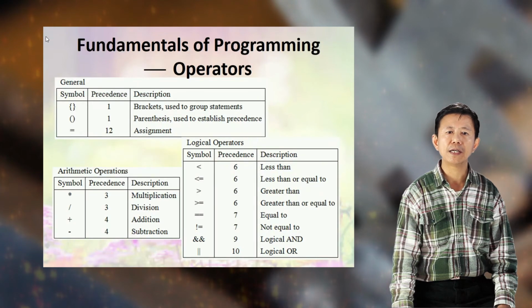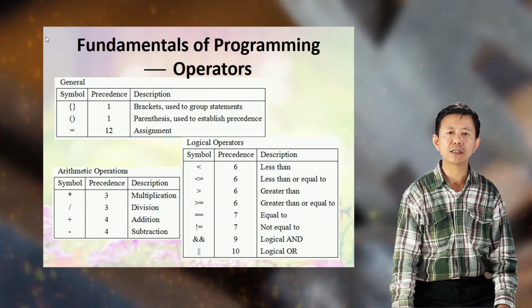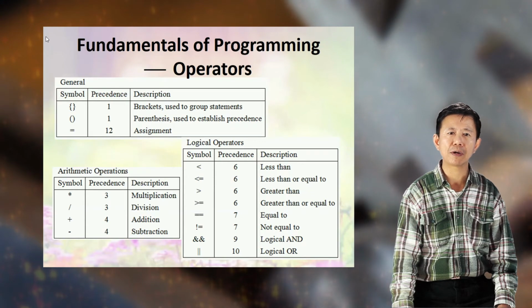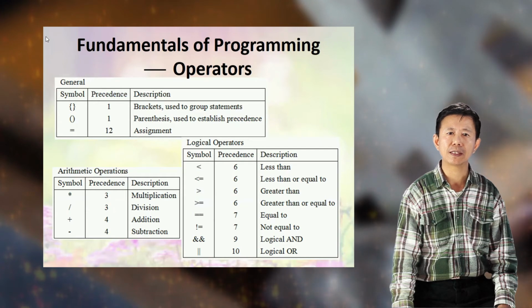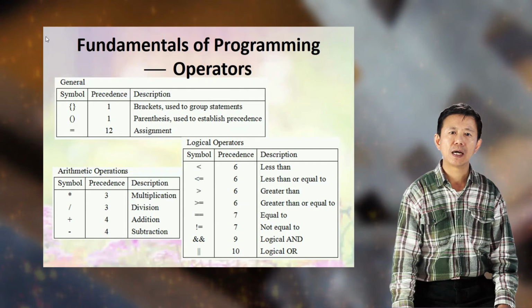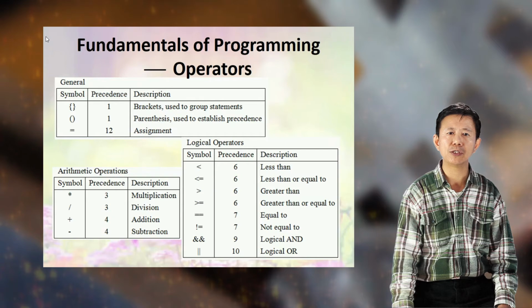First, I show you the symbol, precedence, and description of various operators, including general operators, arithmetic operators, and logical operators. You are familiar with arithmetic operation, so you know the precedence or priority of multiplication and division is higher than addition and subtraction.